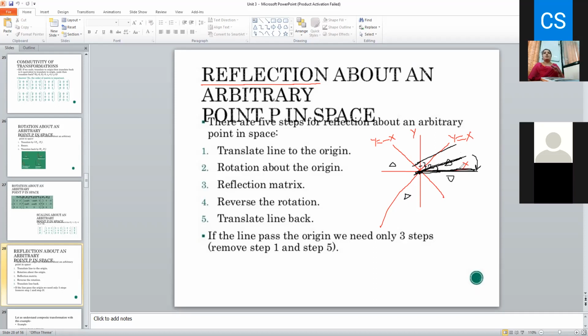So you have to translate the line back to its original position. ती line होती तिथे तुम्हाला परत shift करायची आहे. And that's why whatever rotation you have carried out, the reverse rotation you have to go for. That is called reversing the rotation. And then the translation downwards you have done, reverse the translation also. Translate the line back to its original position.